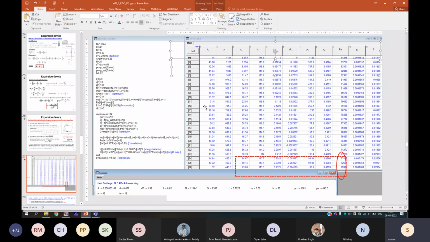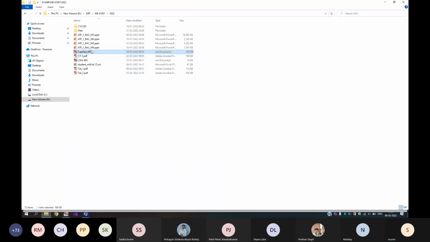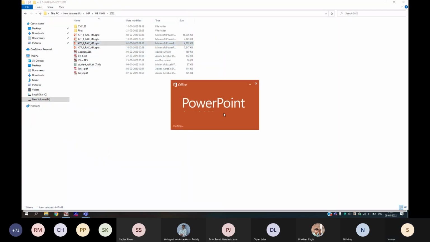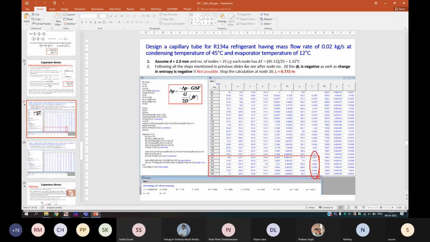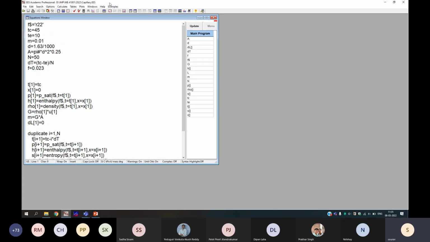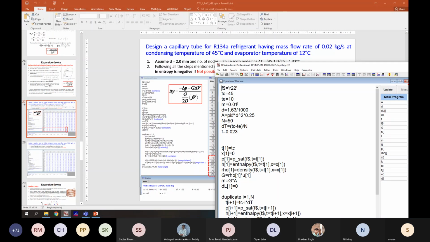Let's see what was the information given. So 0.02 kg per second is the m dot. And this is the condition which is given.